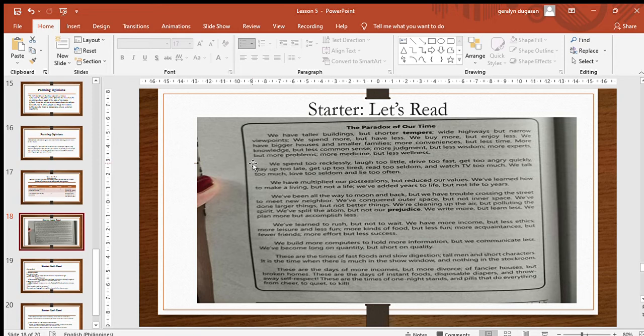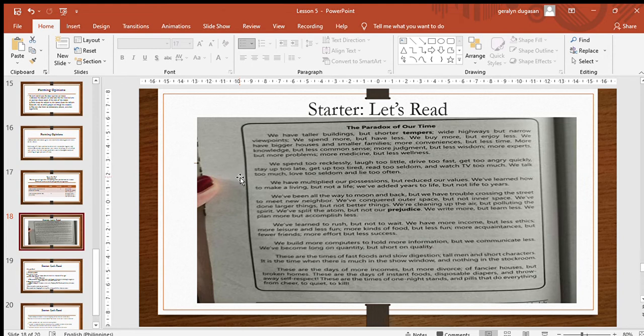We spend too recklessly, laugh too little, drive too fast, get too angry quickly, stay up too late, get up too tired, read too seldom, and watch TV too much. We talk too much, love too seldom, and lie too often.